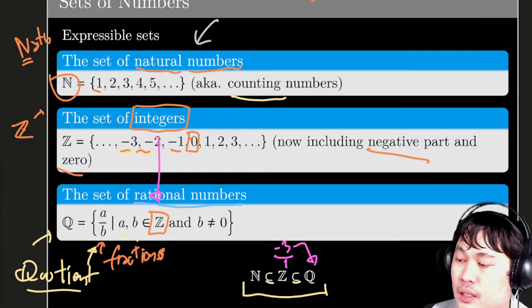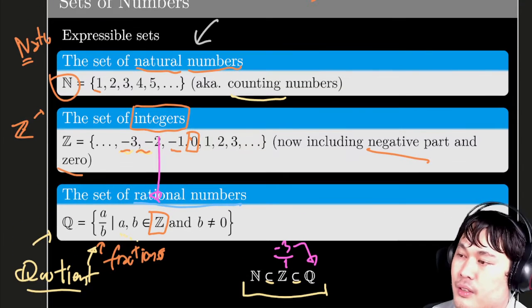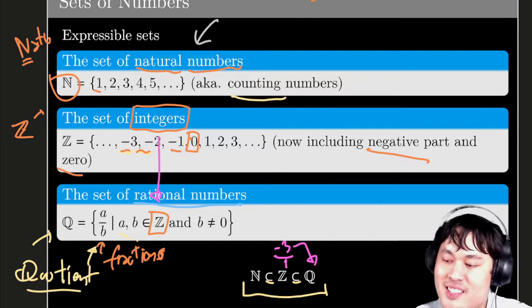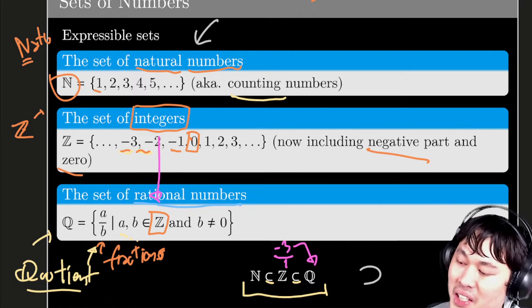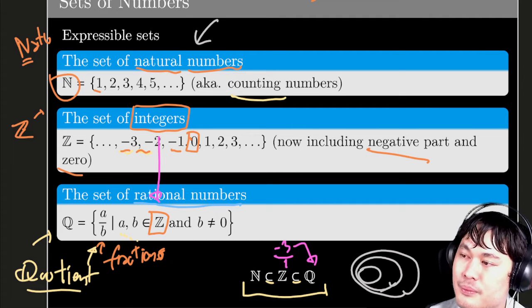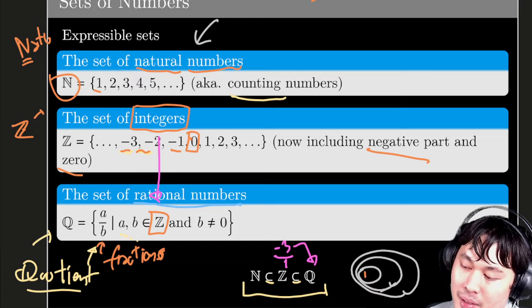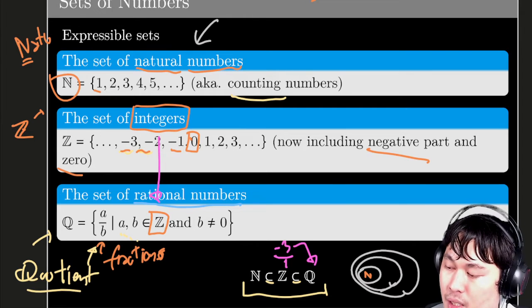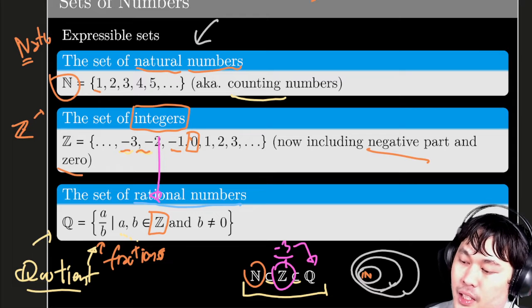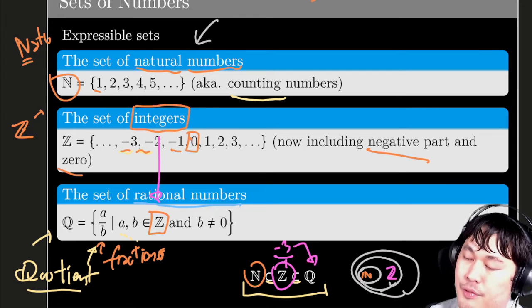So there are three sets. And if you prefer fancy set notation, maybe that's better for your understanding. You can write them as nested circles, where the smallest one, the innermost one, is the set of natural numbers N. In the next layer we have Z, the set of integers.